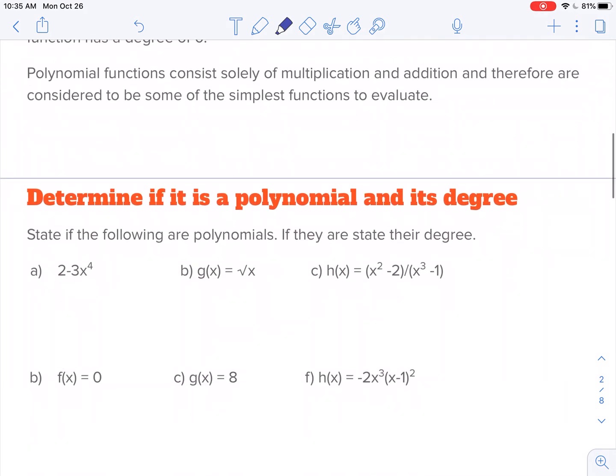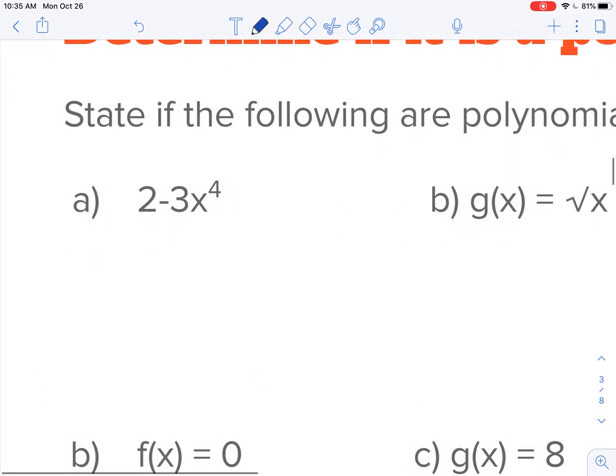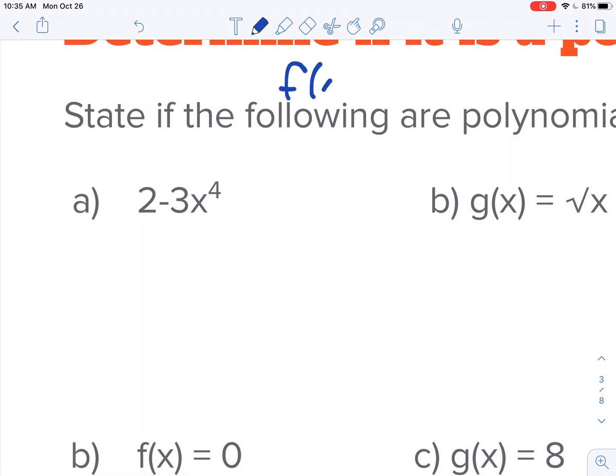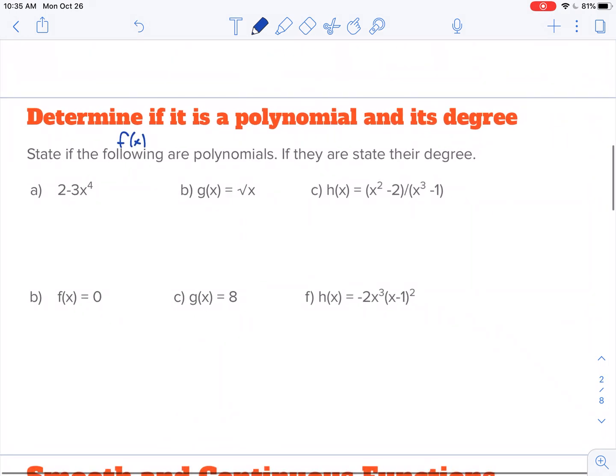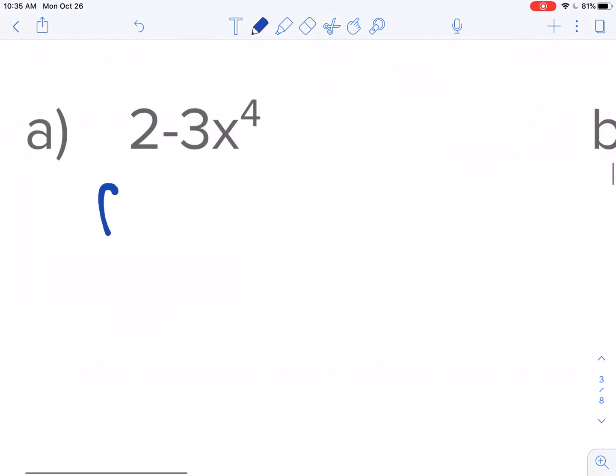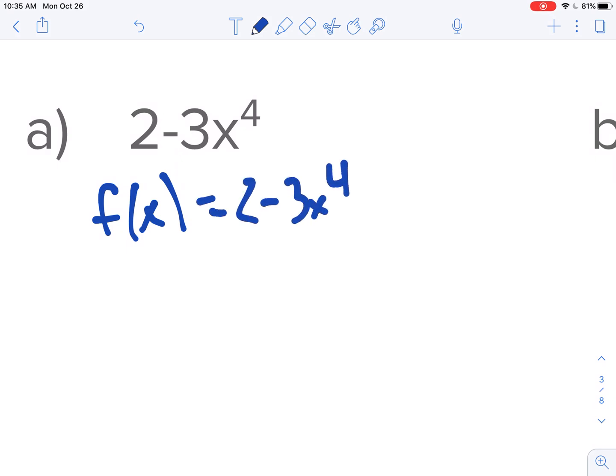Looking at some polynomial functions here, we want to be able to determine if it's a polynomial function or not, and then state its degree for a, and assume that all of these have f of x written. So all of these should be f of x. I just didn't put that in the notes. So if I say f of x is equal to 2 minus 3x to the fourth, this is a polynomial. All I see is multiplication and subtraction.